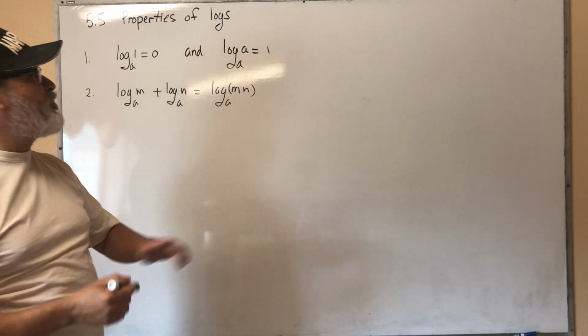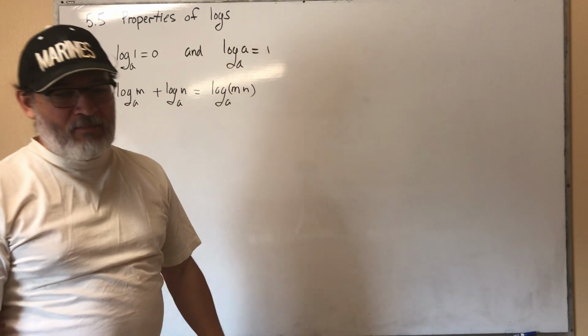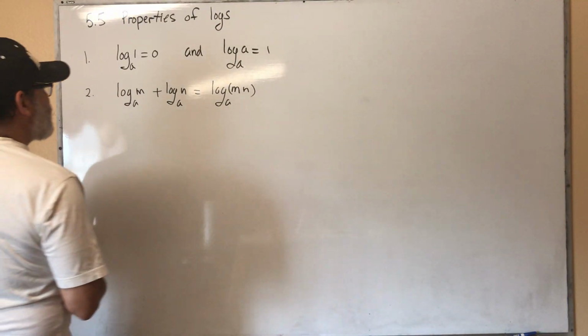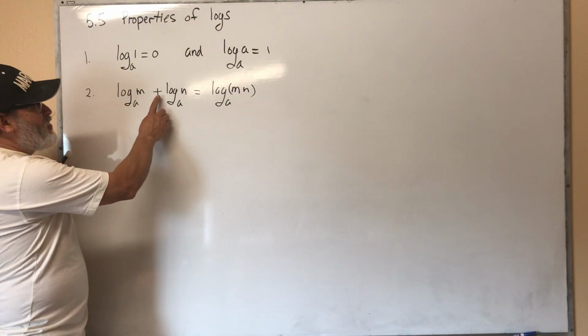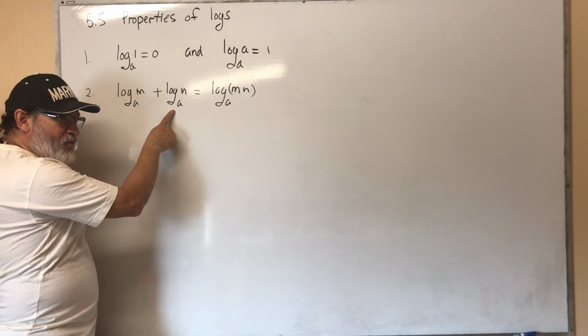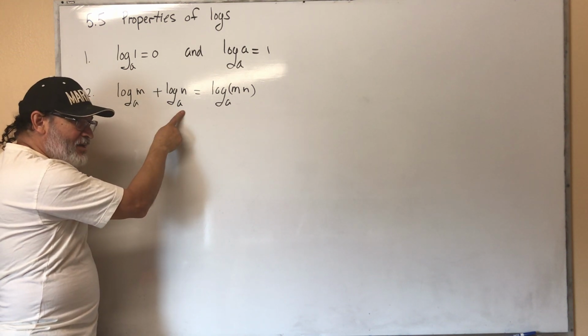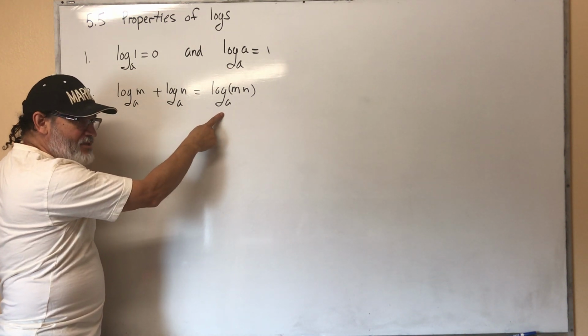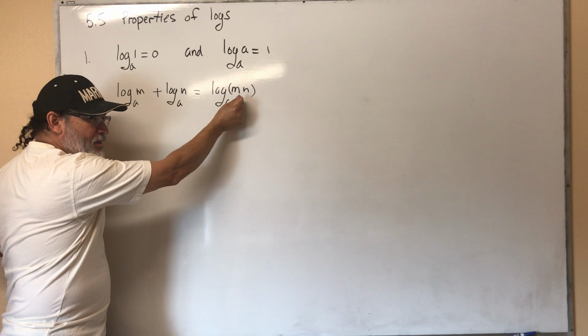We call this the product rule. Okay? Product rule. Whenever you add two logs with the same base, that equals a log with that common base of the product.